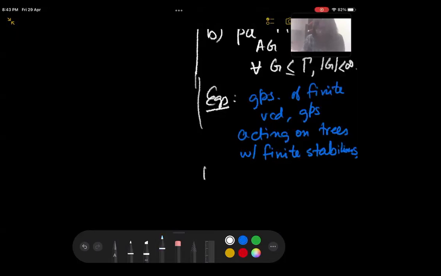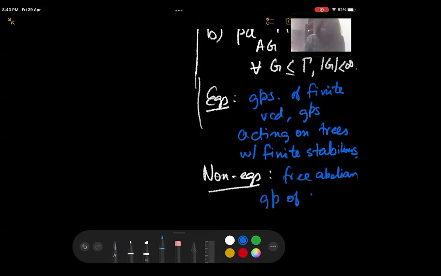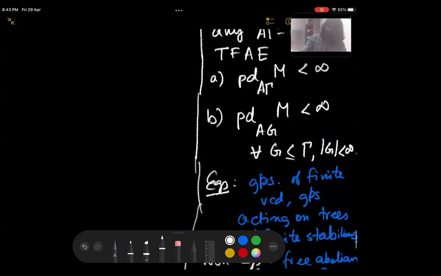And some non-examples are, let's just say, free abelian groups of infinite rank. The easy way to see that the free abelian group of infinite rank is not in here is by using this fact: type phi groups admit complete resolutions.